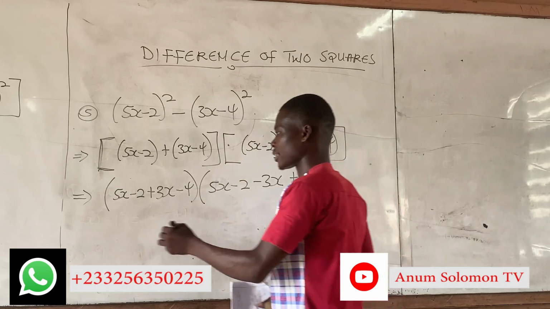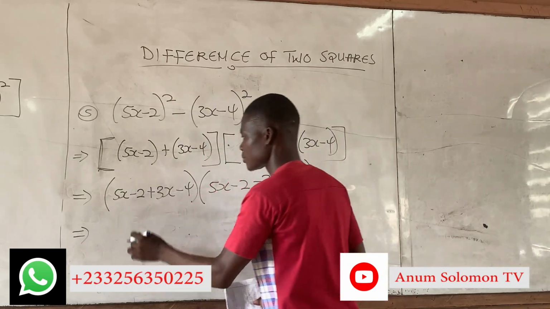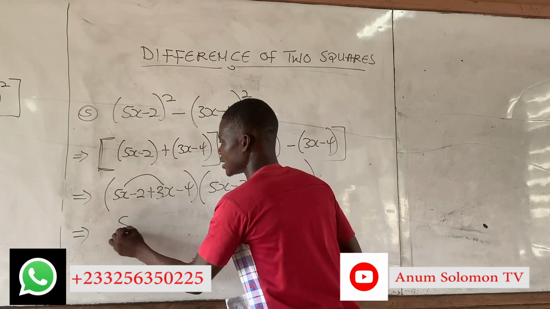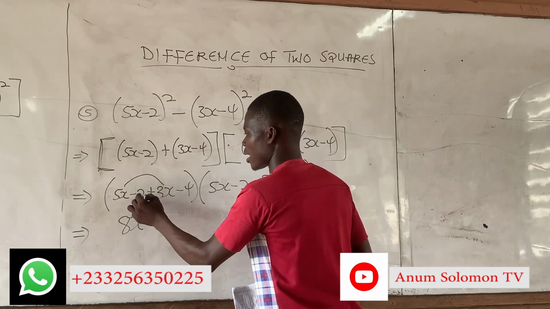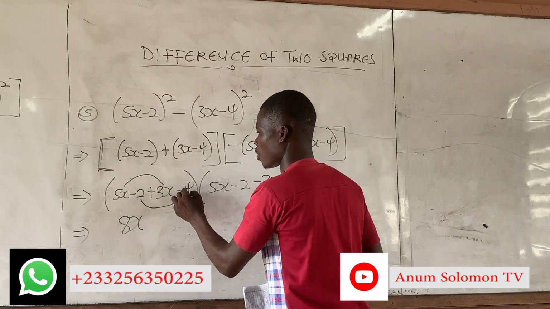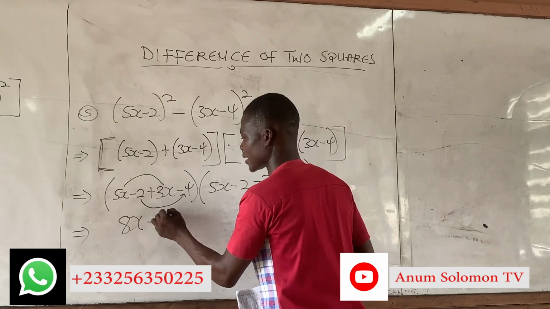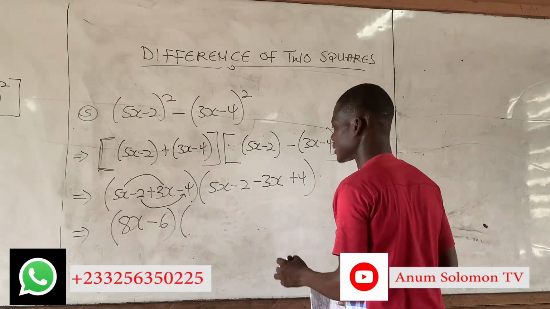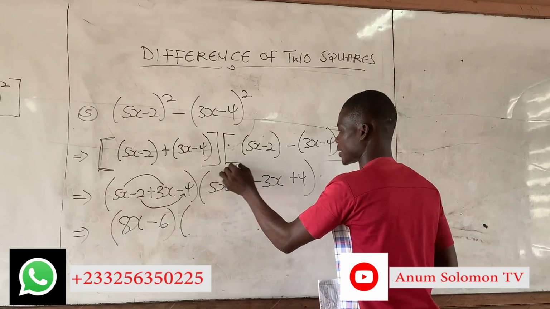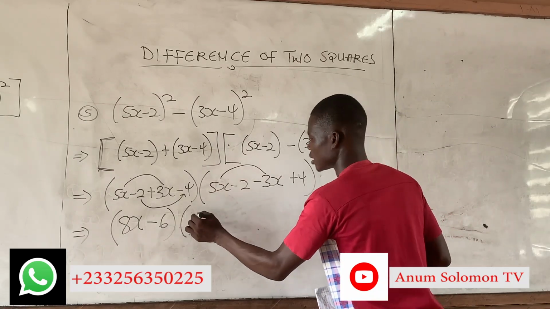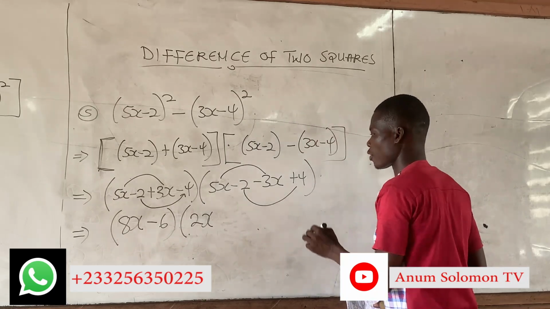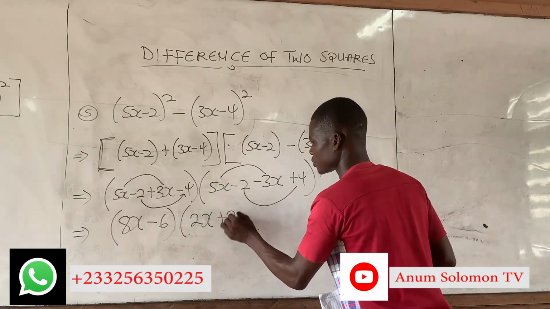Now let's simplify the terms in each bracket. 5x plus 3x is 8x, minus 2 minus 4 is minus 6 in this bracket. Open another bracket. 5x minus 3x is 2x, minus 2 plus 4 is positive 2.